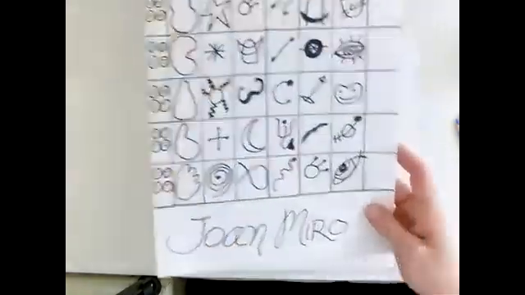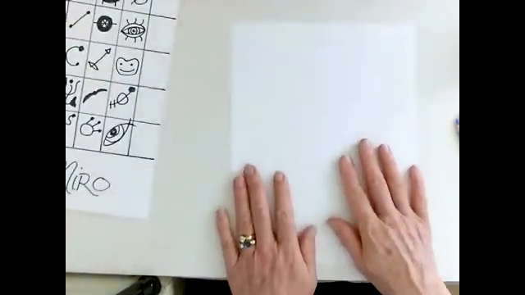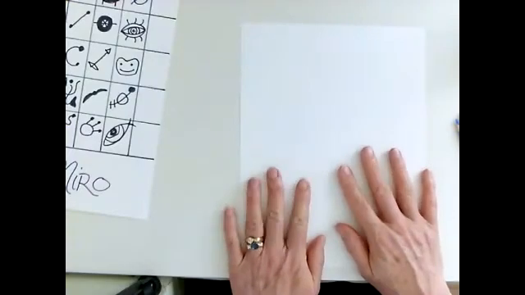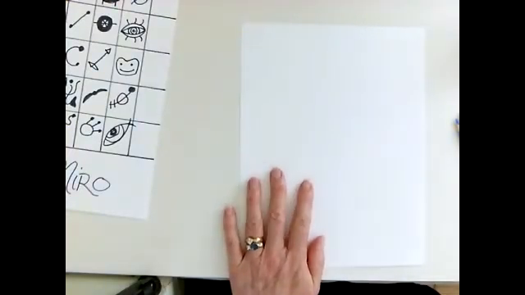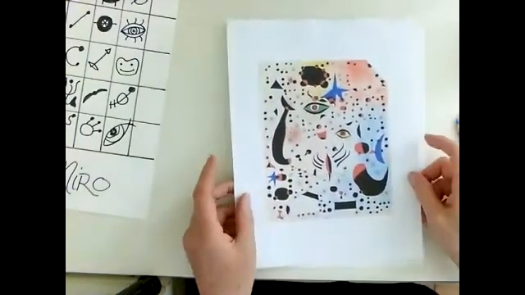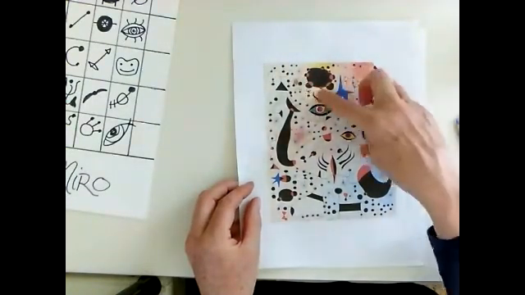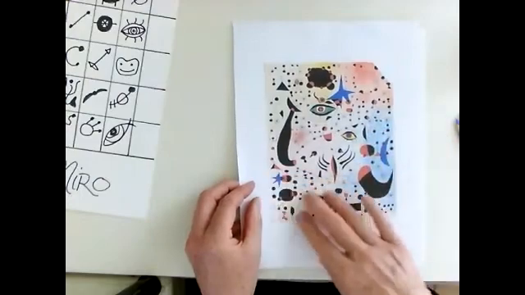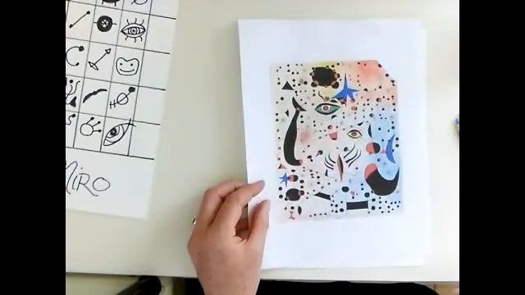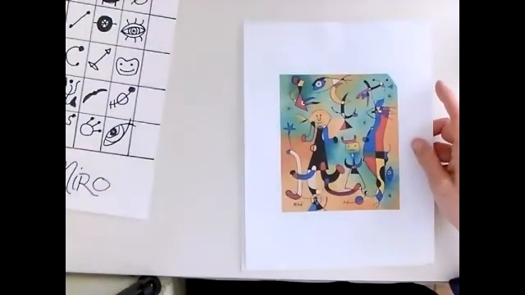So the first thing we need to do is in your sketchbook or on a piece of paper, we want to add a little color to our background. And as you can see in this particular painting, there's red and there's yellow and there's blue in the background of the painting. This one is a little brighter. It's oranges and greens.